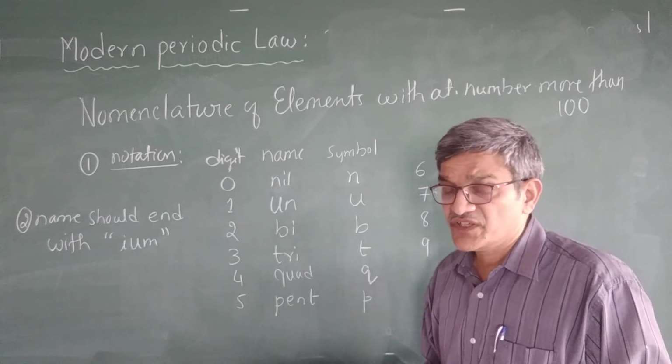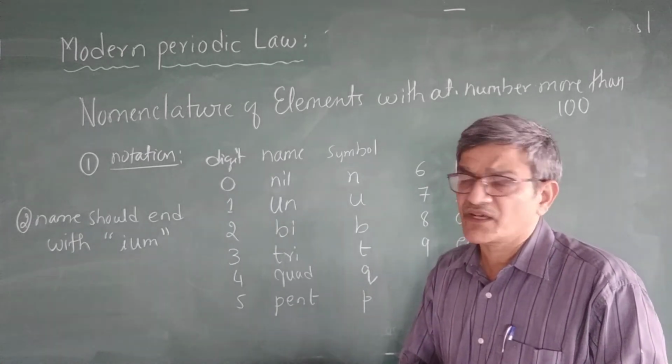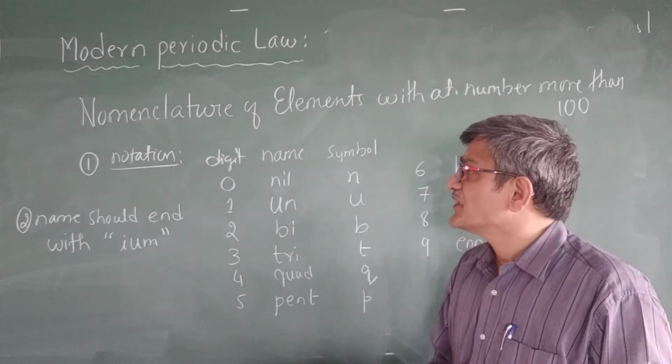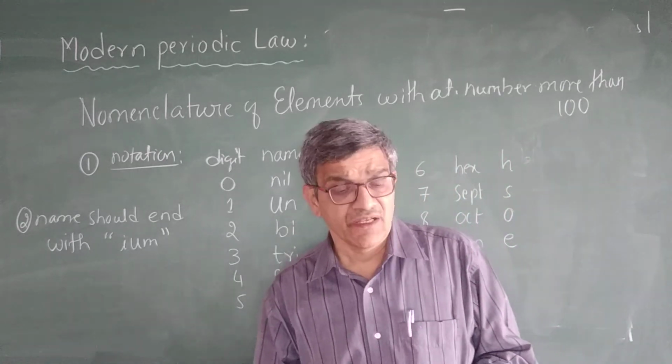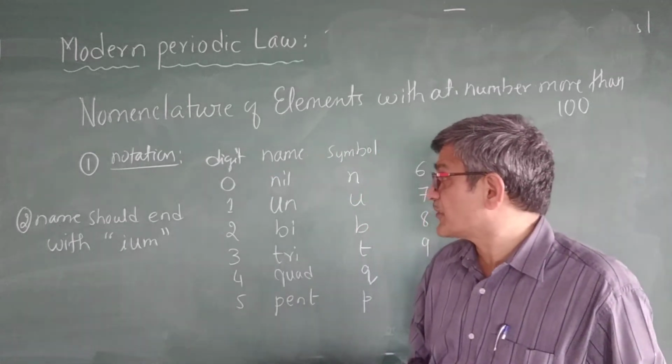Okay. So these are the things we have to follow while writing the IUPAC name of atomic number more than 100. So let us take some examples of this now.